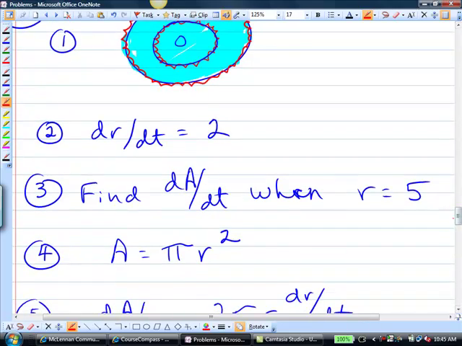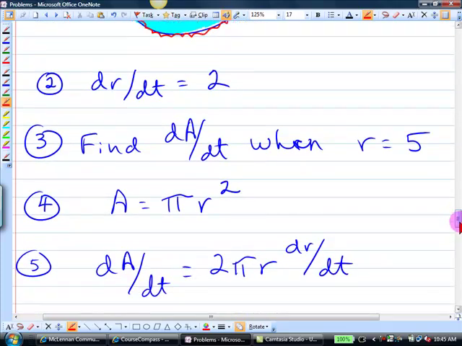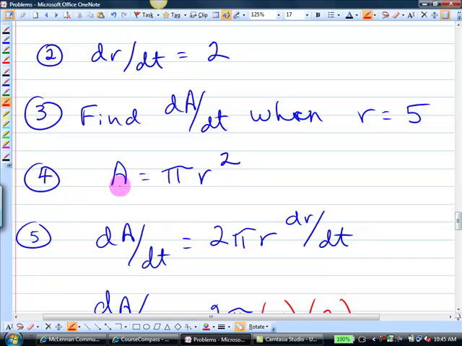That would be one I'd expect you to know. Okay, let's take the derivative of this. Derivative of that is dA/dt. Derivative of this, 2 pi r dr/dt. Remember, every time you take the derivative of anything, you're going to have a tag left on it.